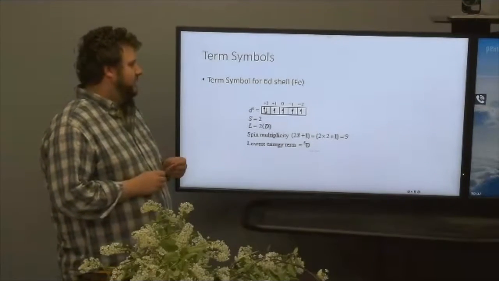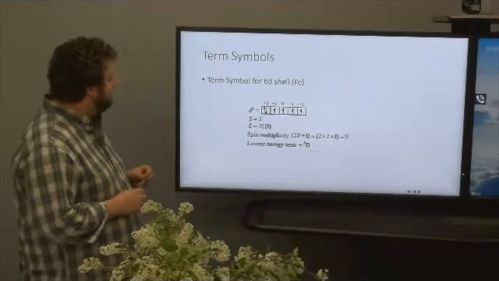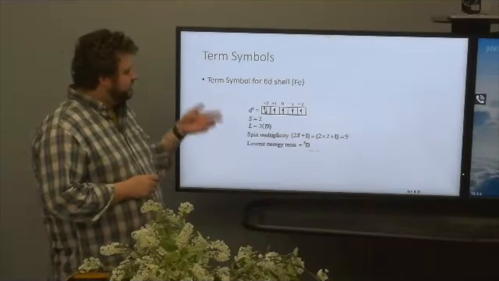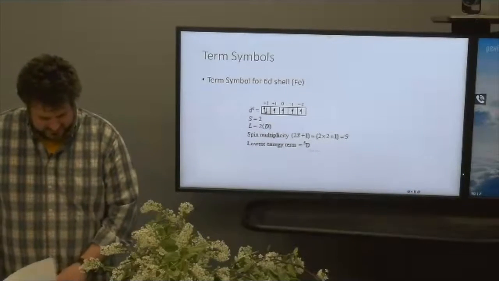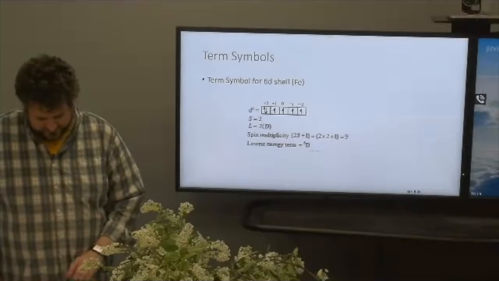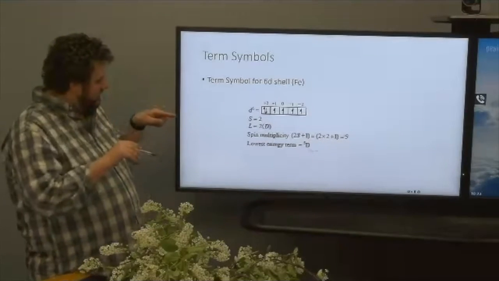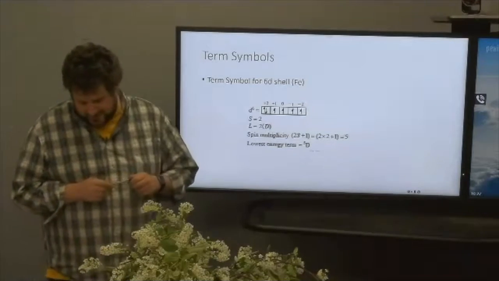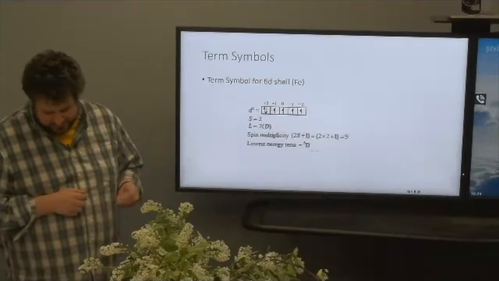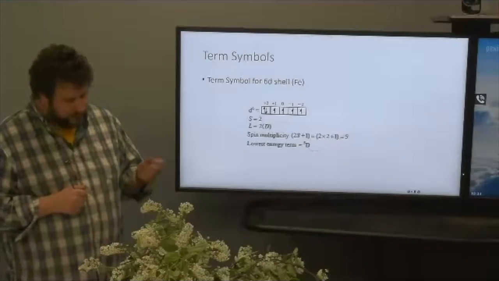We also talked about term symbols. These are Russell-Saunders term symbols, and this was just a way of simplifying the notation. I actually realized on my slide I forgot to put the term symbol, but it would be 2S+1, capital L, and then the subscript J, which we all remember, where 2S+1 is the total spin multiplicity, L is the angular momentum, and J is the total angular momentum.